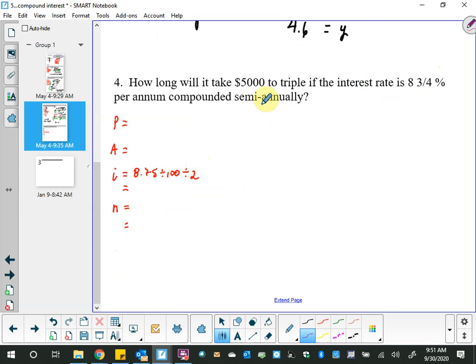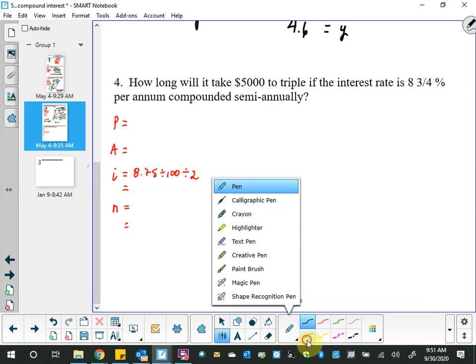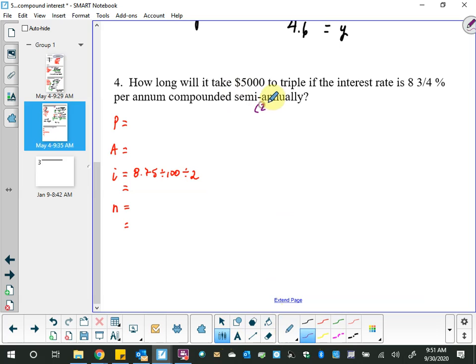I didn't have to read the question, I had to scan through it. 2, not 4. So 8.75 divided by 100 divided by 2 is, again, more decimal places than I really want to write down, but I need to keep this accurate.